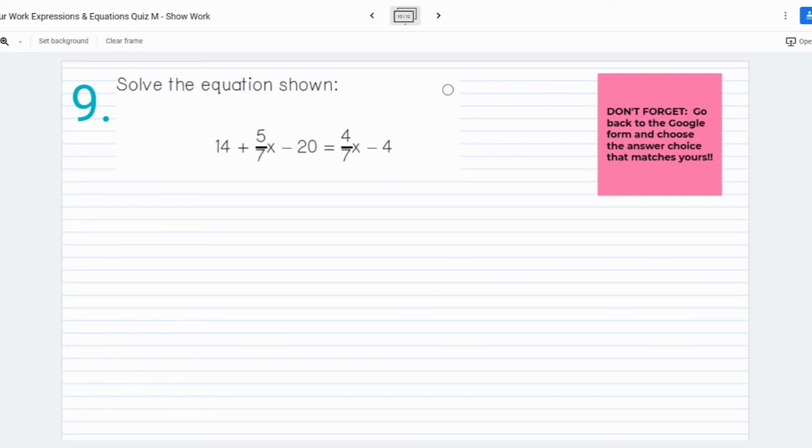So if you're using your calculator app, the TI-84 calculator app, which I sincerely hope you are, remember you hit the green alpha key, and then you go up right above that and hit y equals, and then enter, and that'll allow you to type in that fraction and solve this problem. Again, don't forget to go back to your Google form and choose the answer choice.